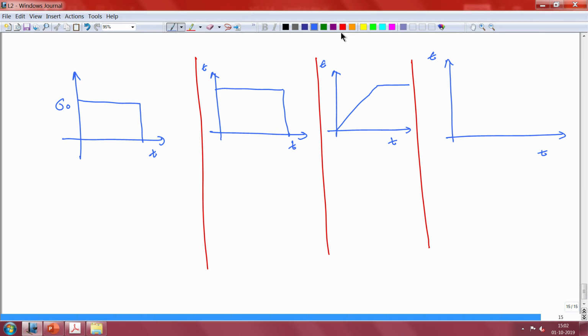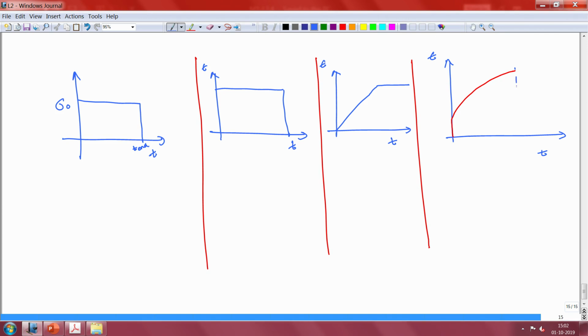The three cases. So, again, we have already drawn the first part, right, which looks like this. But what happens when the stress is released? So, let us call this T end.